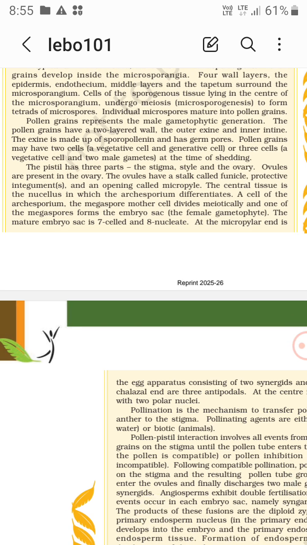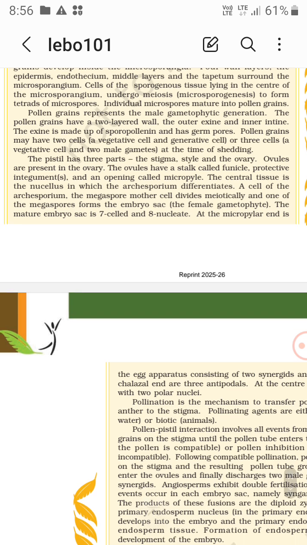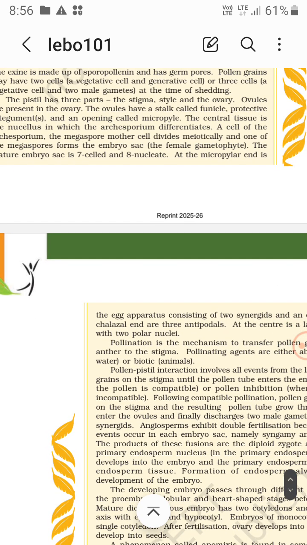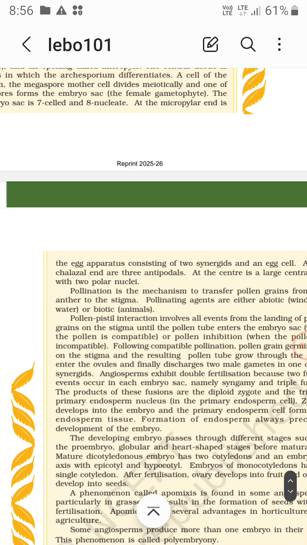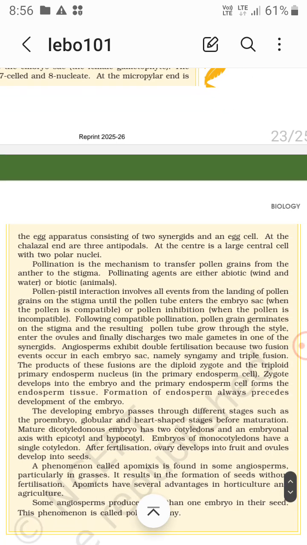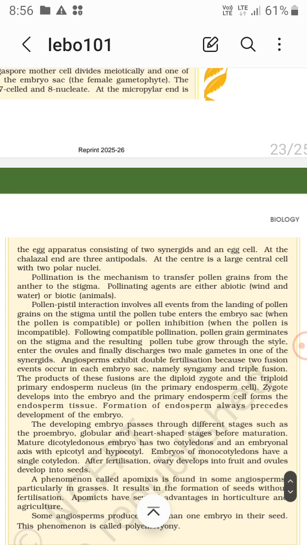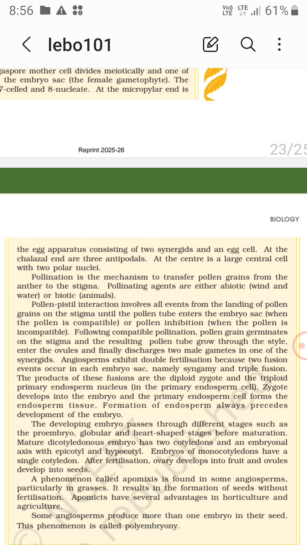Now the female gametophyte and the male gametophyte, that is the pollen grain. The mature embryo sac is 7-celled and 8-nucleate. At the micropylar end is the egg apparatus, consisting of two synergids and an egg cell.